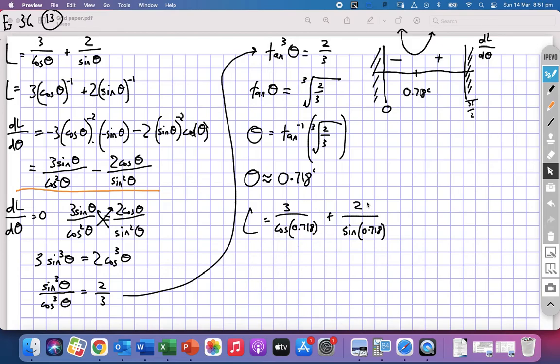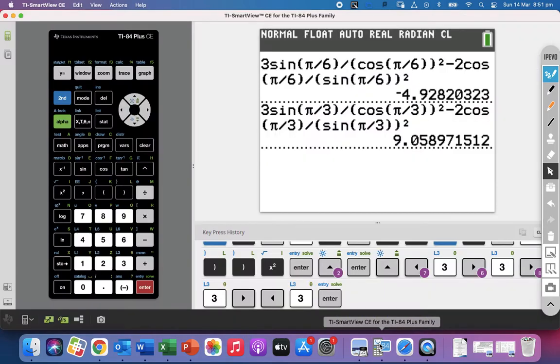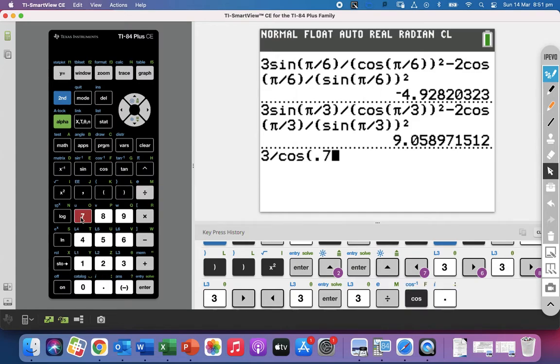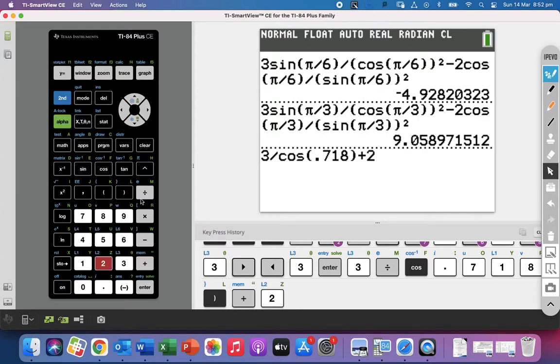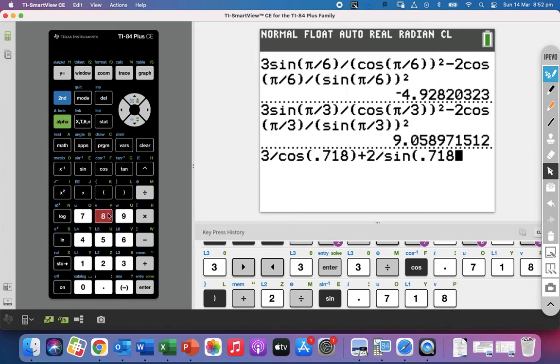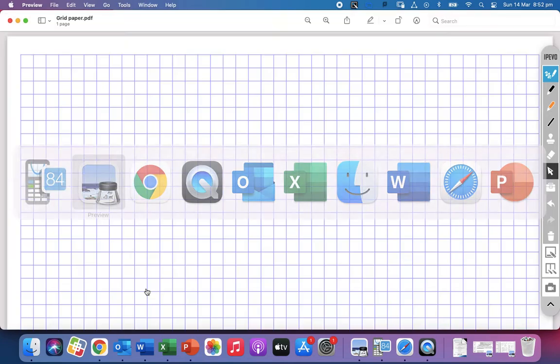So it's 3 on cos, 2 on sine. Let's find out how long it is. 3 on cos 0.718 plus 2 on sine 0.718 radians, and that equaled 7.02 meters.